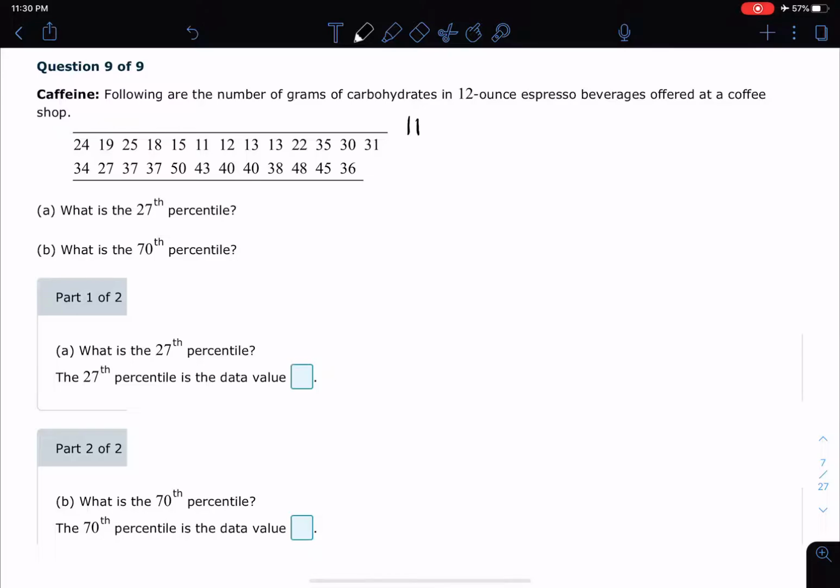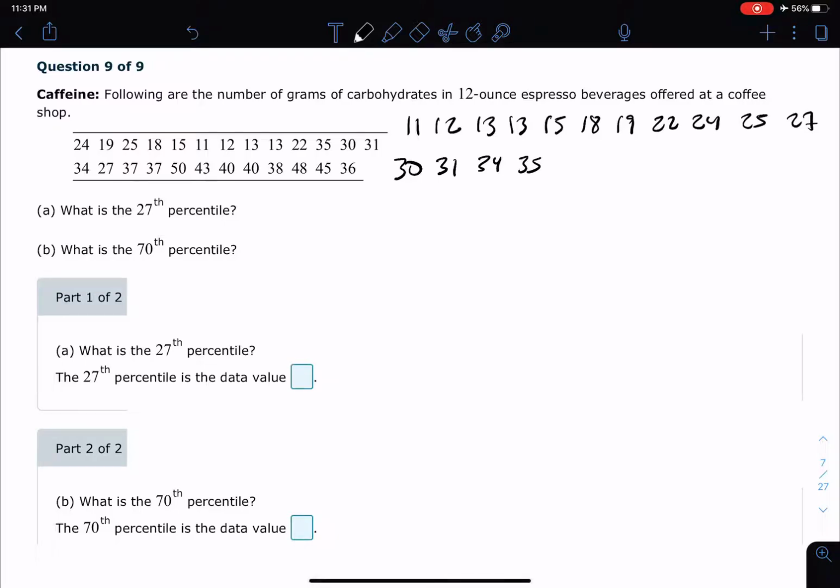So I've got them right here: 11, 12, 13, 13, 15, 18, 19, 22, 24, 24, 25, 27, 30, 31, 34, 35, 36, 37, 36, 37, another 37, a 38, a 40, another 40, 43, 45, 48, and 50.